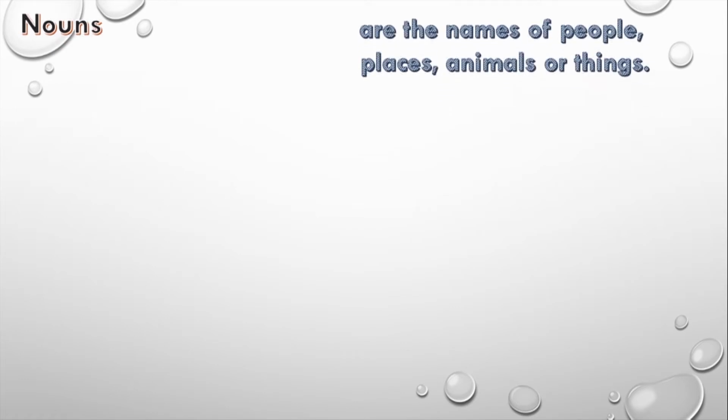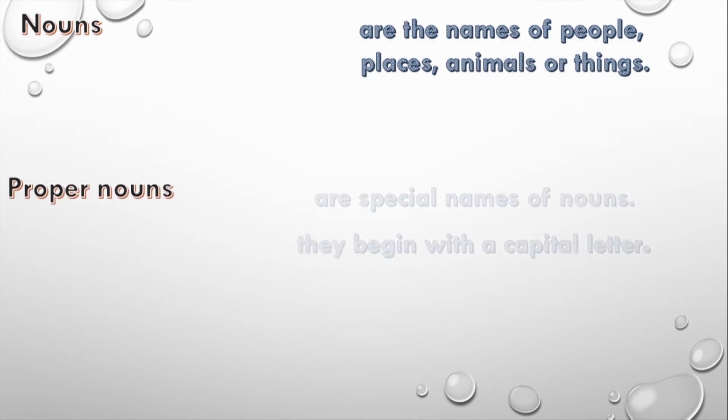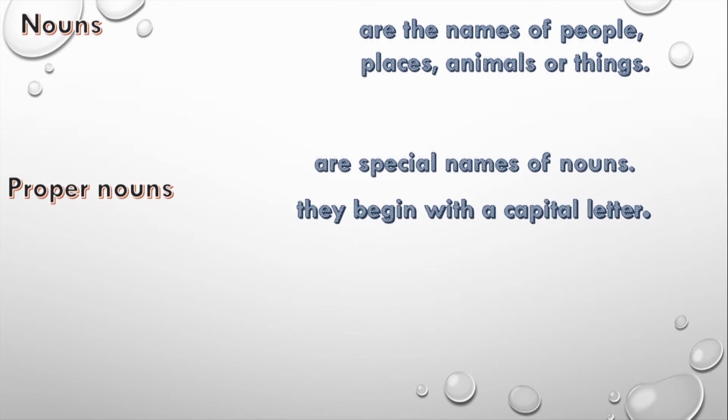Right. Now what we have is nouns are the names of people, places, animals, or things. Hopefully you all remember that one and you got this one correct. Next we have proper nouns. Proper nouns are special names of nouns. They begin with a capital letter.